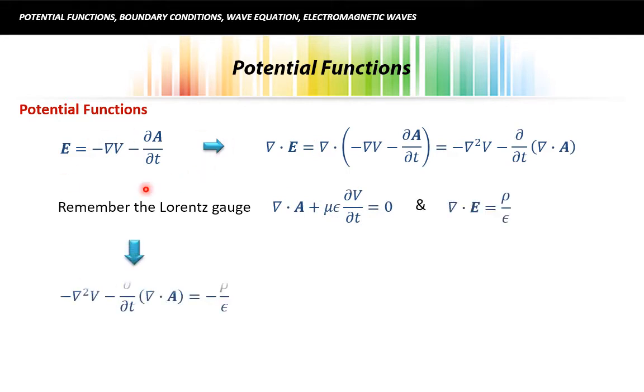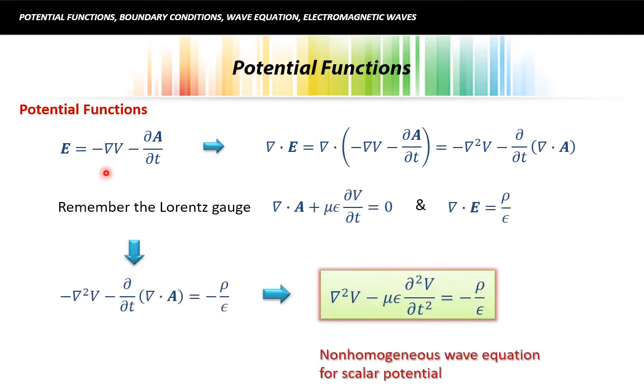Since the electric field is equal to minus gradient V minus del A over del t, divergence of E can be written in this form, and we can further rewrite it to this form. Remember the Lorentz gauge condition given by this relation and the fact that divergence of E is equal to rho over epsilon.